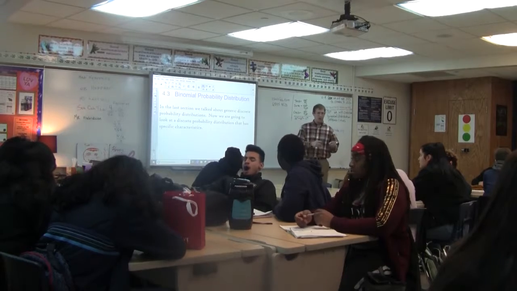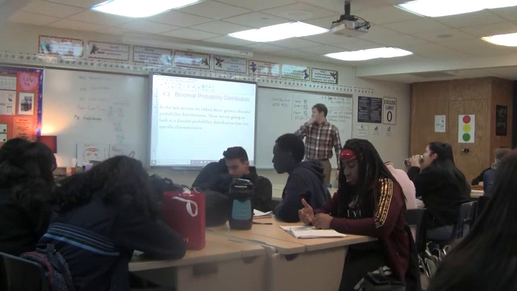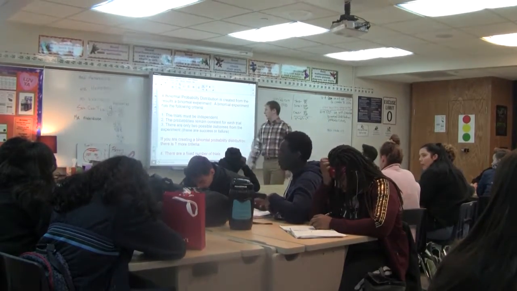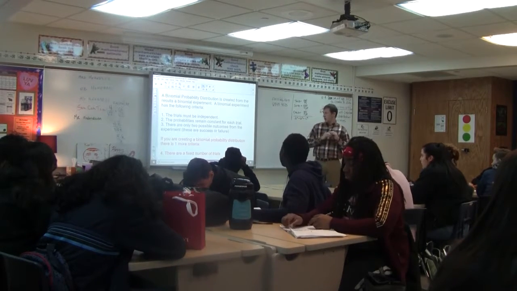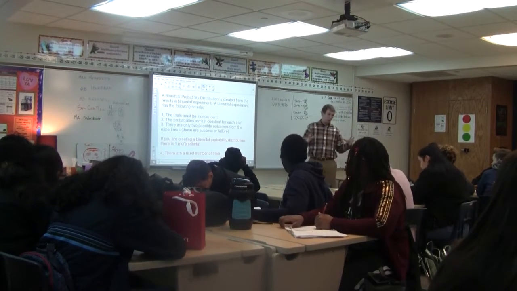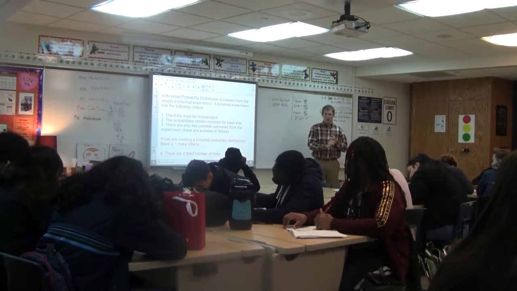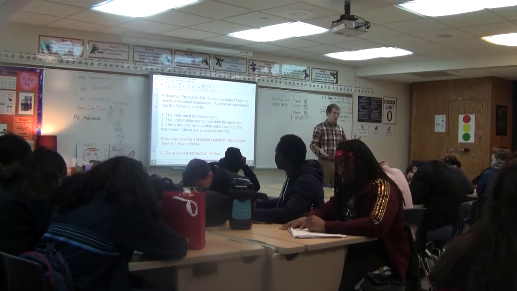All right, so given all that info, let's look at a binomial probability distribution. It's created from the results of a binomial experiment, which includes that each trial we're going to be looking at must be independent. Independent meaning they don't rely on each other, the probabilities.